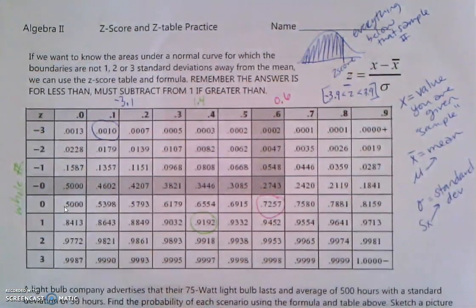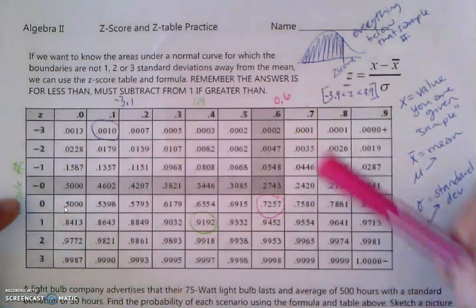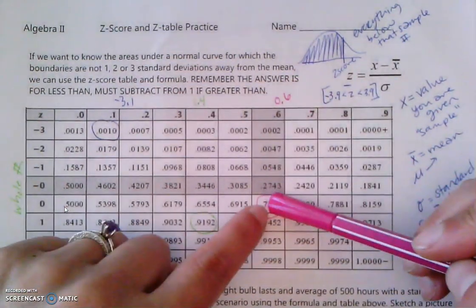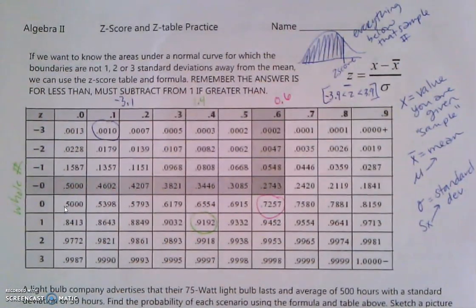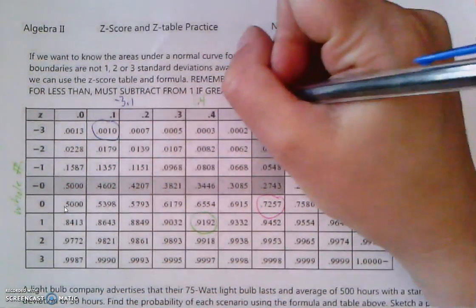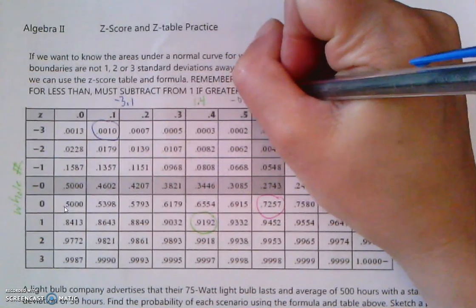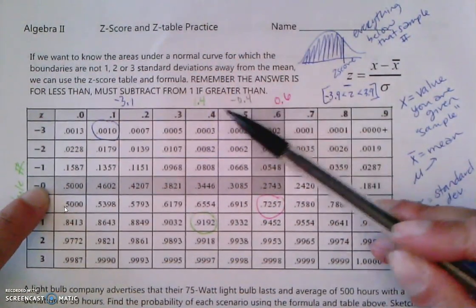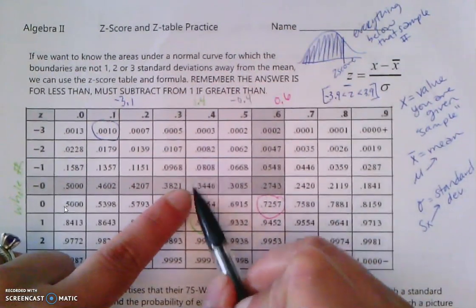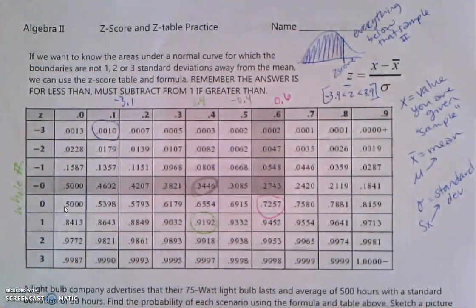This would be the number 0.6. Okay, again, 0.6 going across. Last example, if we had negative 0.4, we go to the negative 0 part, and we go to negative 0.4, it would be right here. Okay, so that's how you read it.